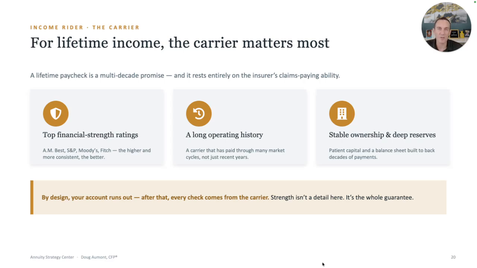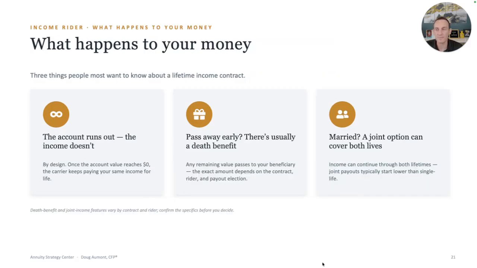We want to make sure that they have a long track record, an operating history that's been able to go through different presidential elections and different interest rate environments, whether interest rates were low like they were a decade ago or higher now. We want to make sure that they have stable ownership, that they have reserves on hand, that remember, when your account value is drained to zero, they're still on the hook for making those payments to you. And that's the longevity insurance that having an income annuity can offer you. So we want to make sure that company is going to be around so that those payments continue for the rest of your life.